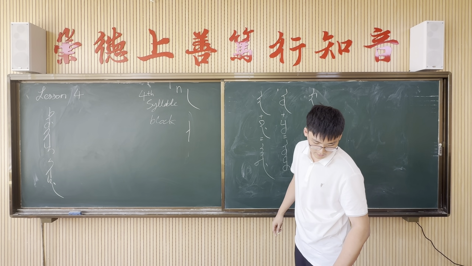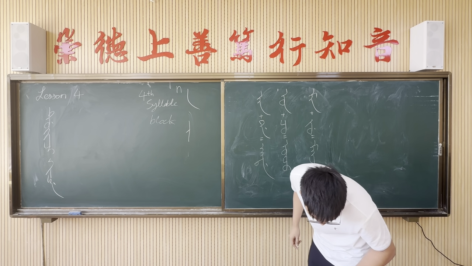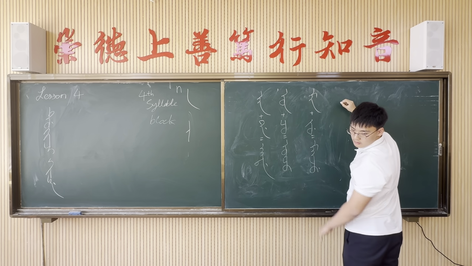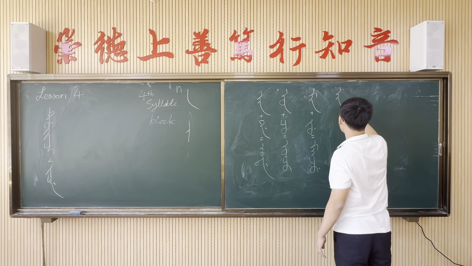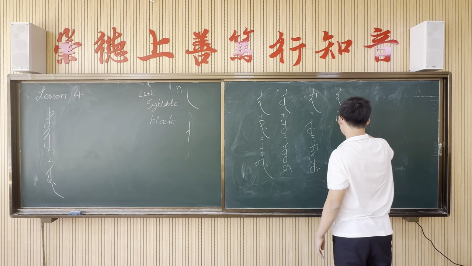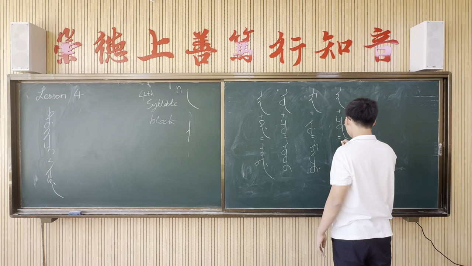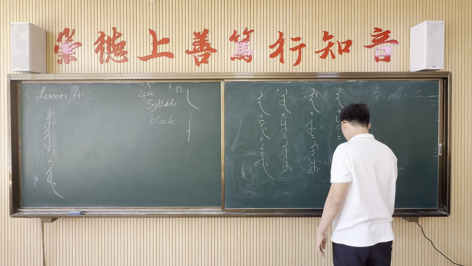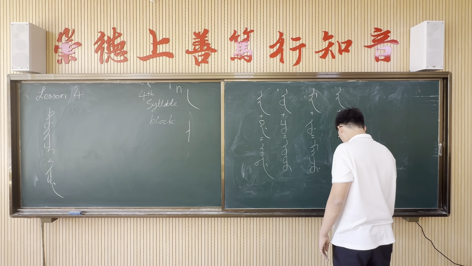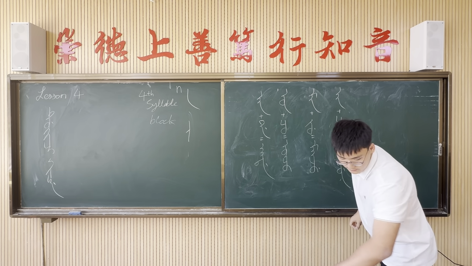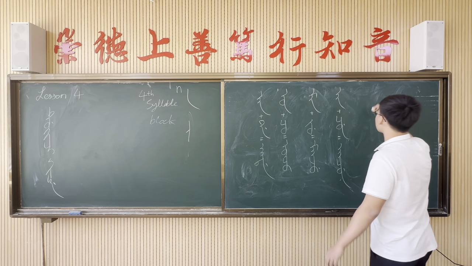And then we have Anchun. An plus chun. This means earring. Anchun means earring. Then we have sun che.